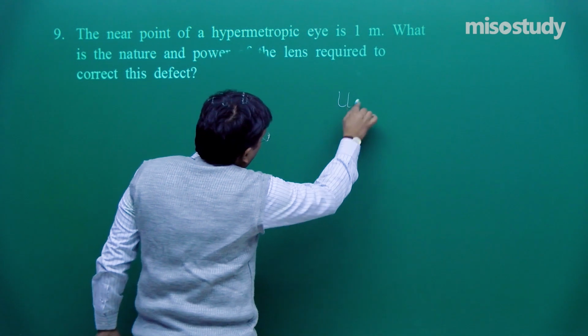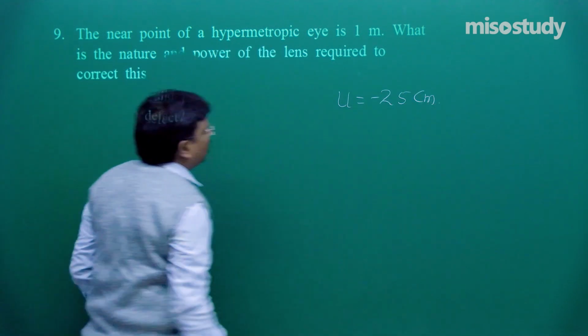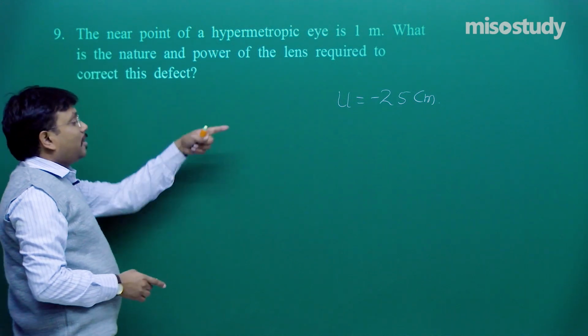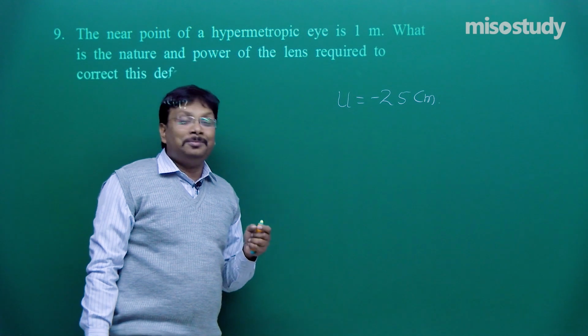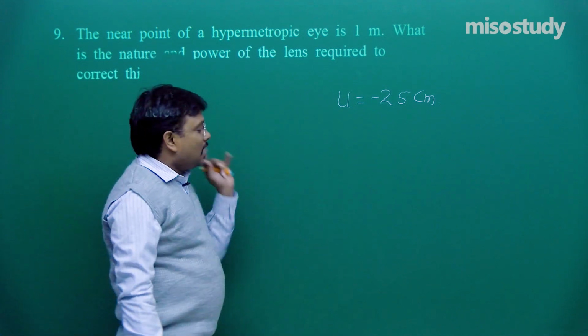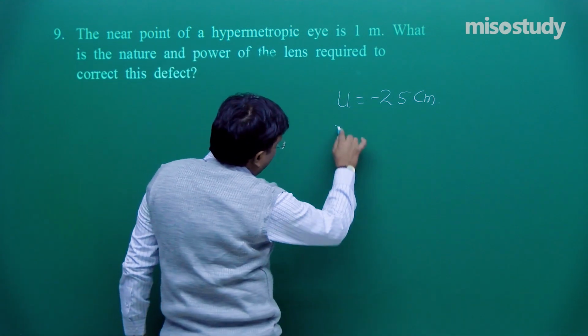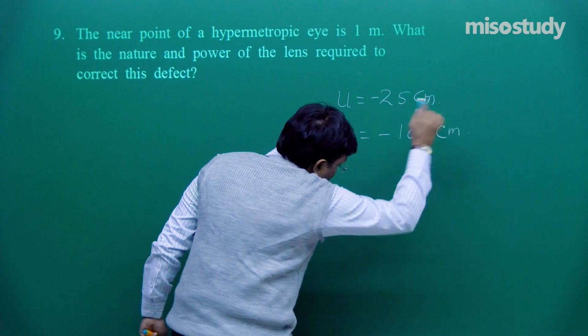So, U is equal to minus 25 centimeter. If someone asks, sir, where is it given, please do not ask like this. This is the least distance of distinct vision. And V is equal to minus 100 centimeter.